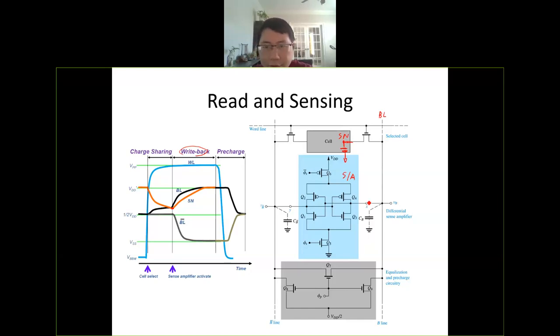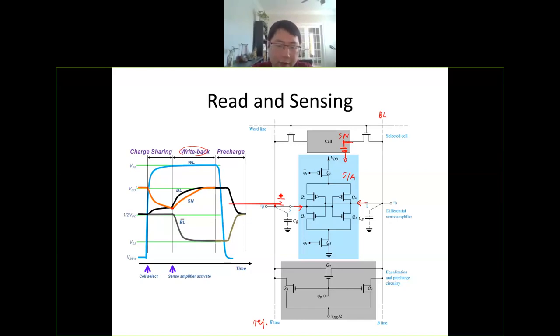You need to have differential inputs. So here, one input is through this bit line, and the other input is through a reference line, or sometimes we call it bit line bar. But let's make it clear. Here, we call it a reference line. This reference line will always be kept at half VDD.